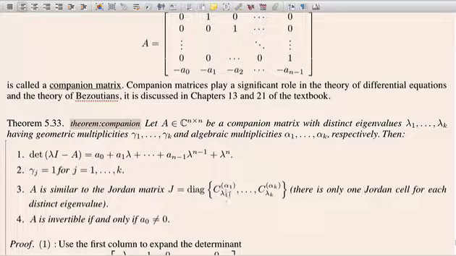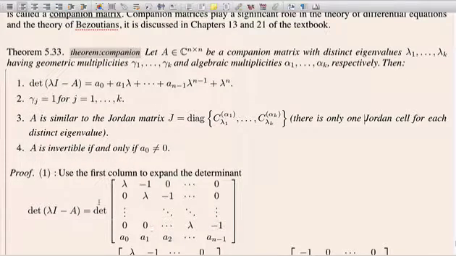So there is no repetition here for lambda 1, ..., lambda k, each of them is different. That means there is one Jordan block, Jordan cell for lambda 1, another for lambda 2. Remember that sometimes we had several Jordan blocks for the same eigenvalue, but in this case, for companion matrices, only one. And we also have that A is invertible if and only if A0 is not 0.